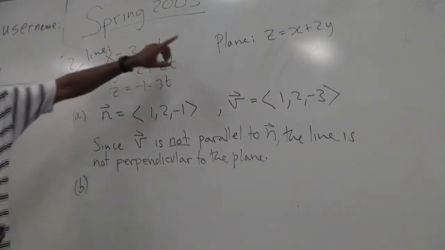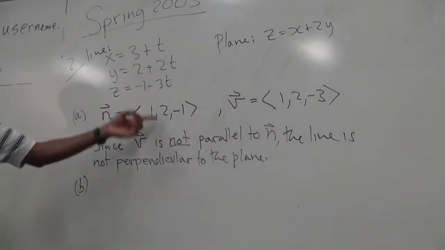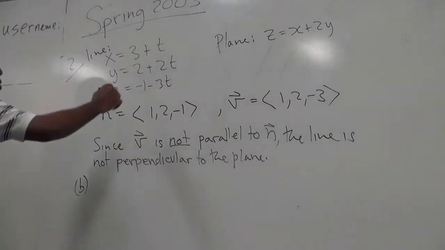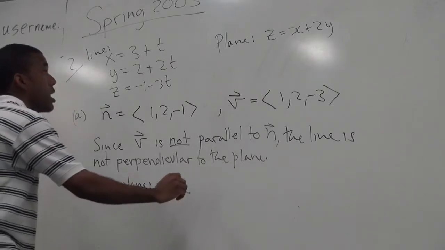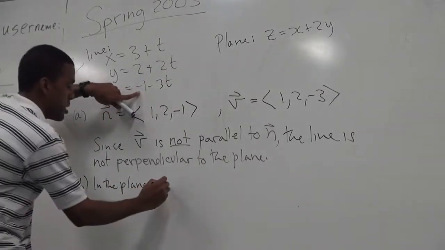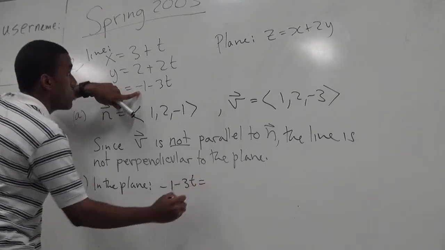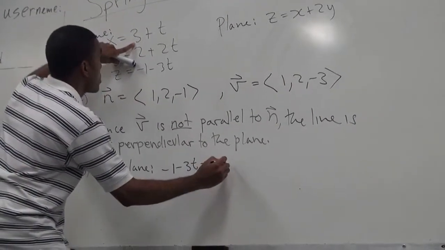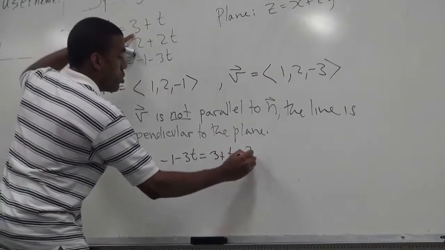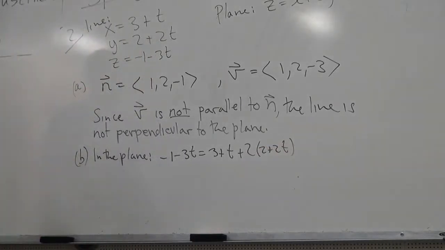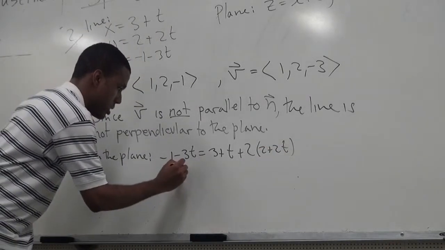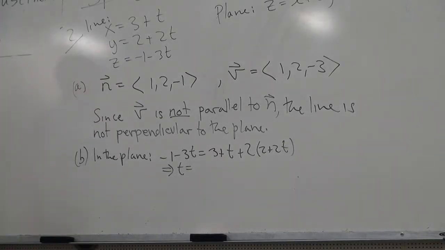All right, take these and plug into the plane equation and solve for t, and then you plug the t back into here to find the point. So for the plane, you would have z is equal to minus 1 minus 3t equals x, 3 plus t, plus 2 times y, which is 2 plus 2t. This means that t is what? Did anyone actually do it? Minus 1 was the answer?